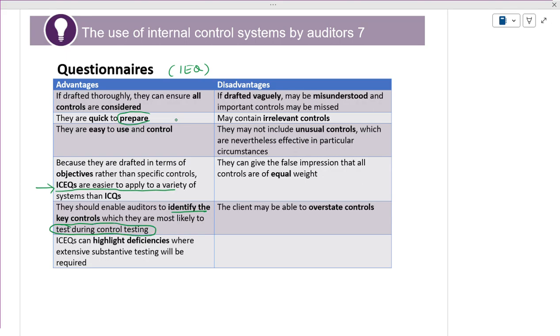Auditors will prepare a questionnaire, and when they prepare it, it will help them to conduct the process in an easier way. ICEQ can highlight deficiencies, and evaluate where extensive substantive testing will be required.